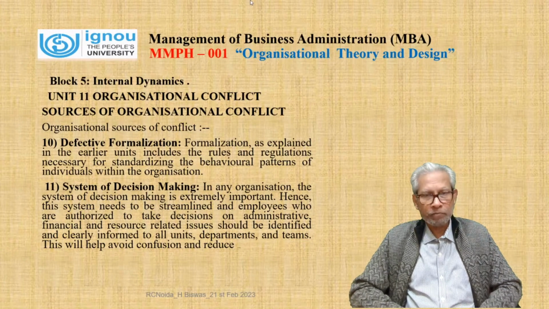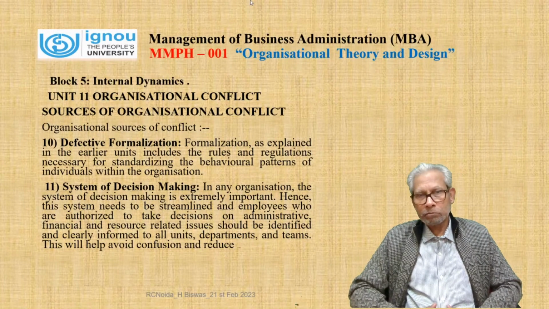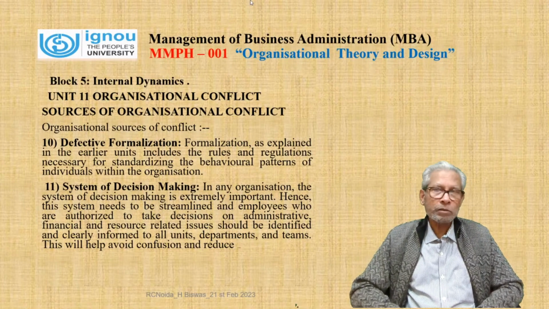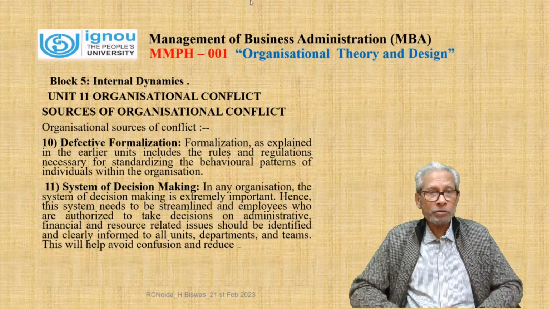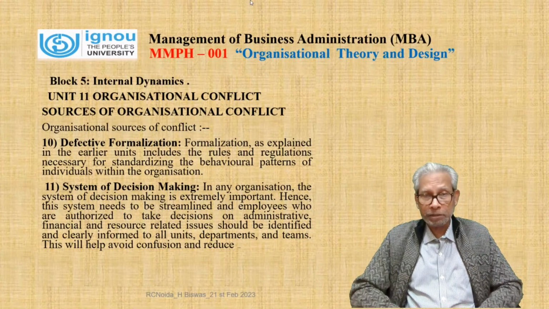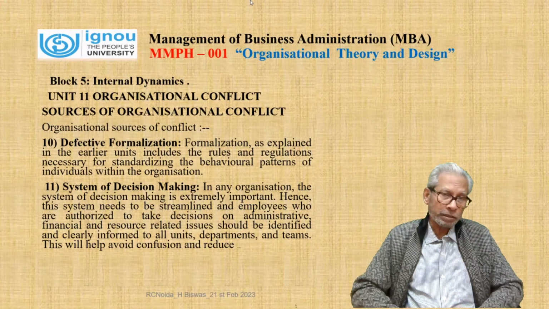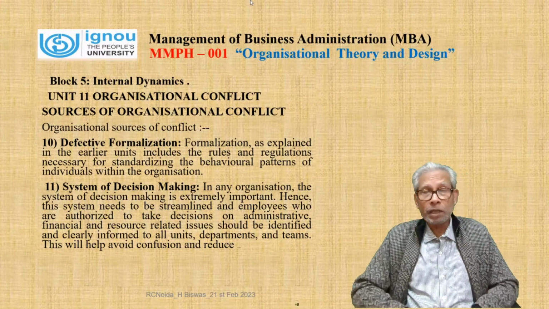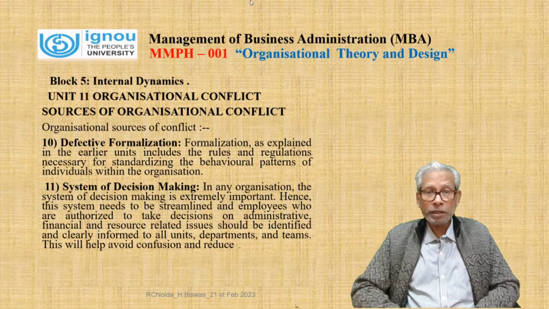System of decision making: sometimes an argument is not agreeable because there is no method or system showing how it was derived, or you are not prepared to accept it because there is no logic behind it. That type of decision making will create a problem.